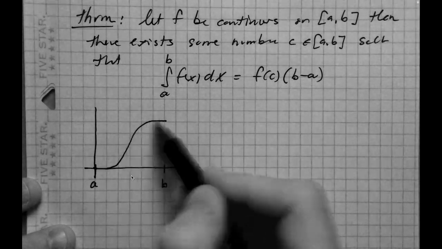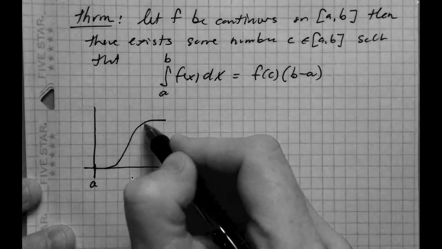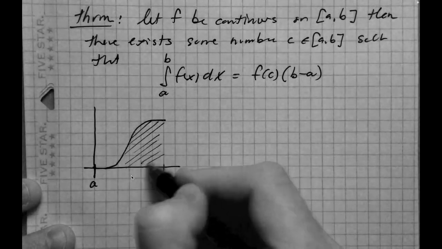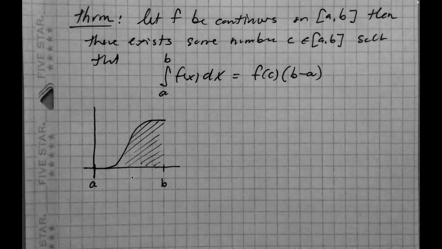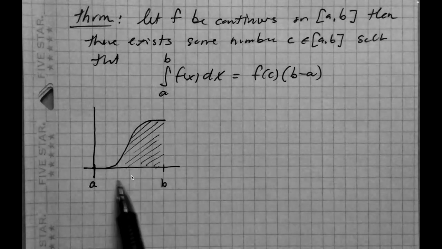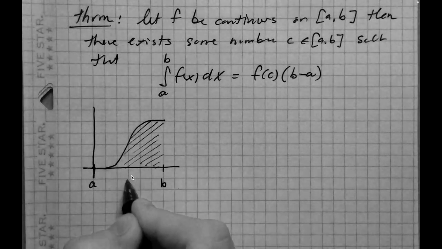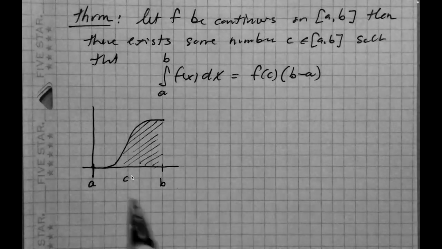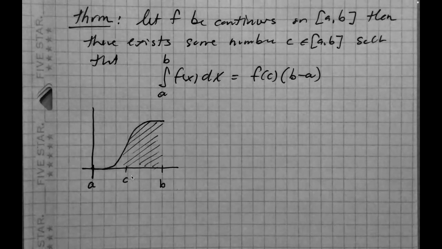So there's some area underneath between a and b, which I can kind of loosely shade in that way. Now, what this is saying is that there's going to be some c in here, and I'm going to eyeball it. It's probably right about there. It doesn't have to be necessarily in the middle. In this case, it does happen to be in the middle.